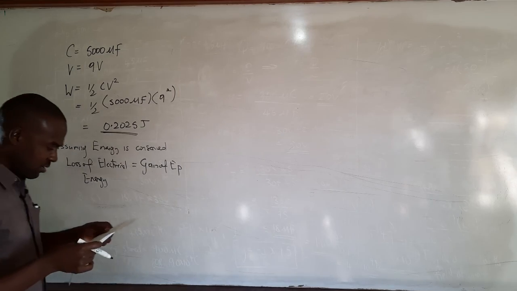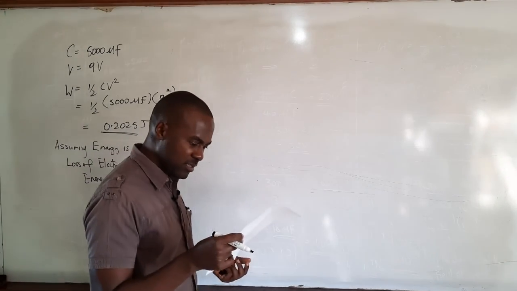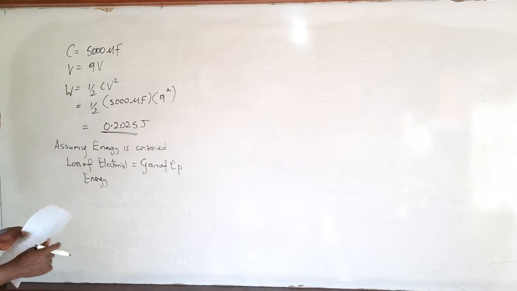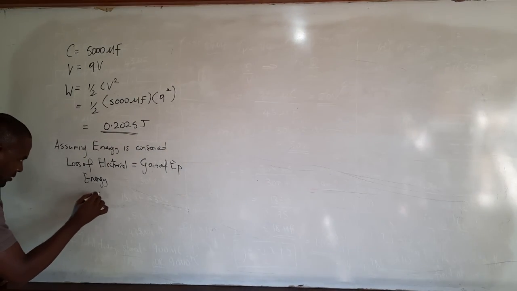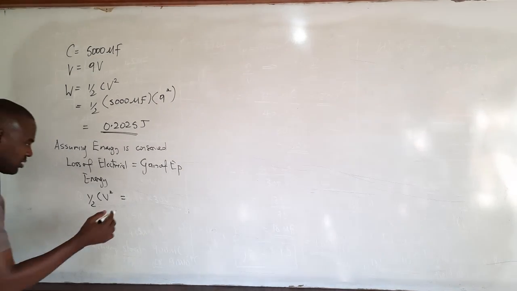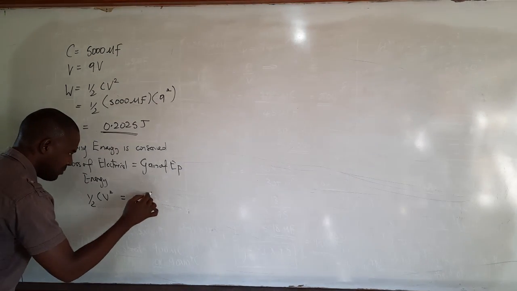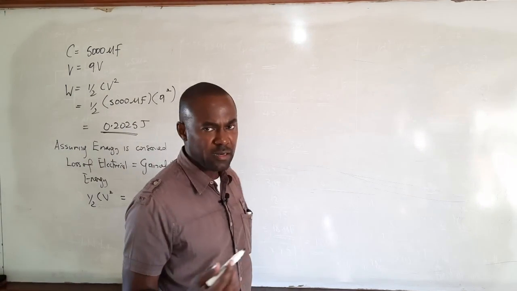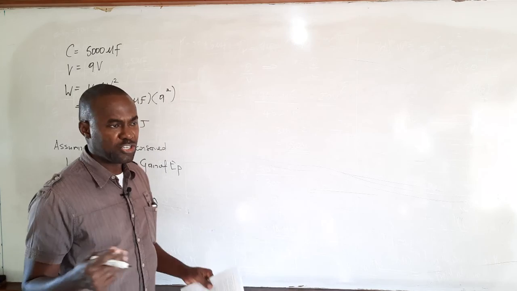Now for the capacitor, we're given its capacitance as well as its voltage, and therefore the formula for the energy stored is given by a half CV squared, and the gravitational potential energy is of course given by mgh. So basically we substitute values into the equation and then solve for the height h.